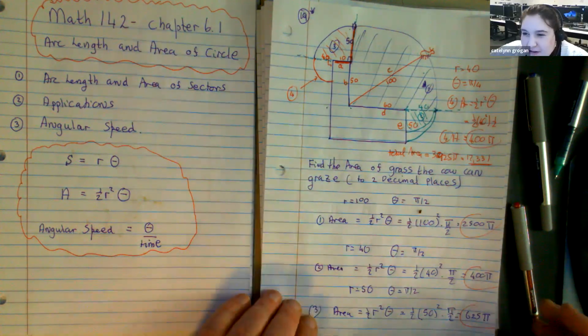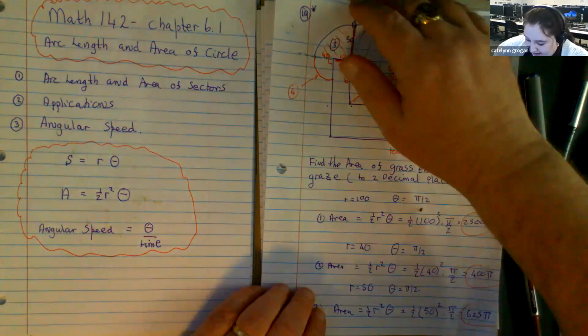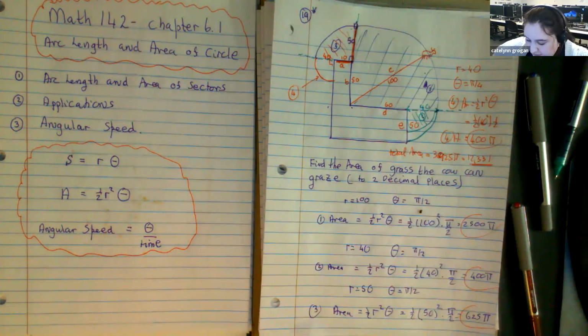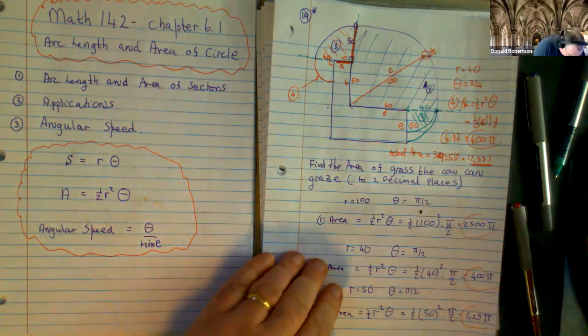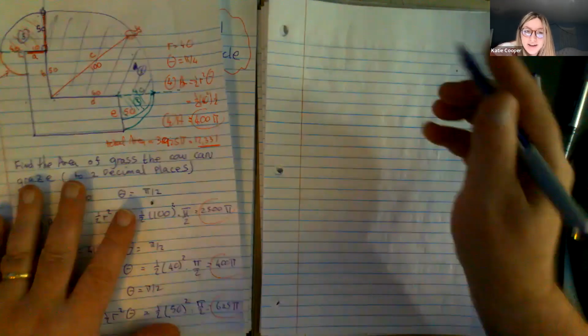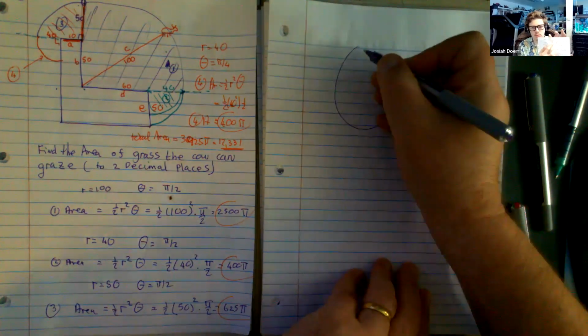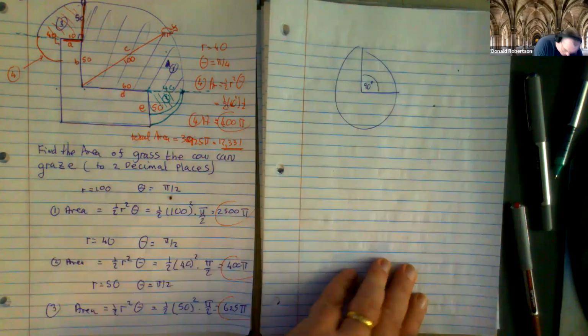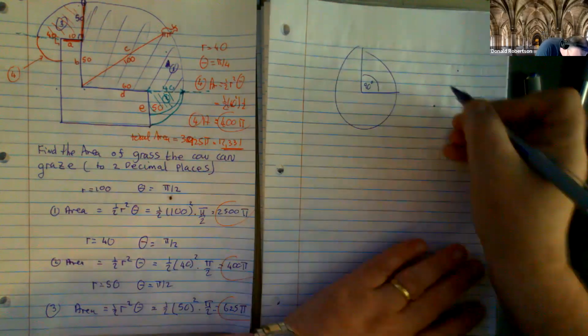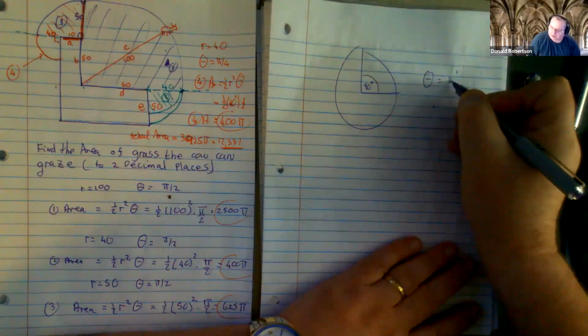I have a question too. Go for it. Is a quarter of a circle always just going to be pi over 2? Yes. Okay. So let's prove it to you. Here is 90 degrees, right? Quarter circle. And the angle in radians is pi upon 2, right?